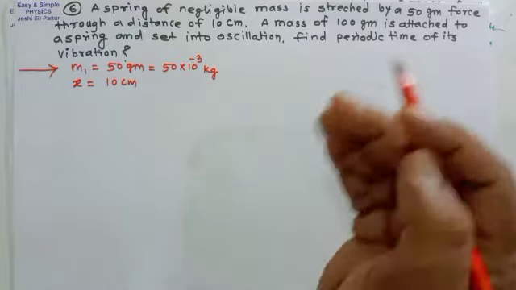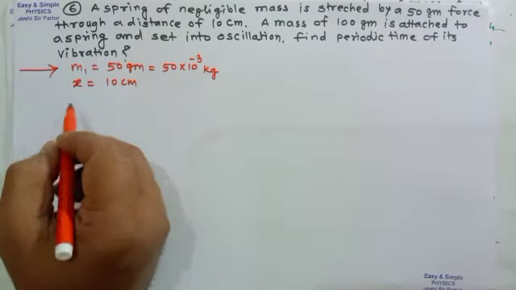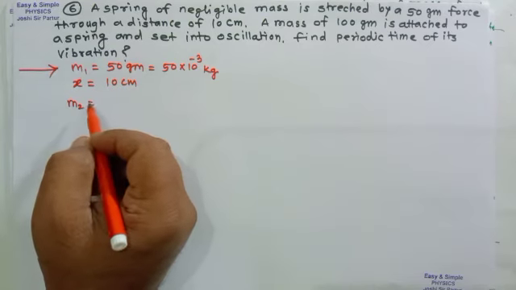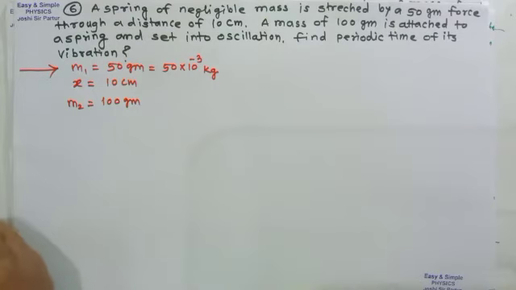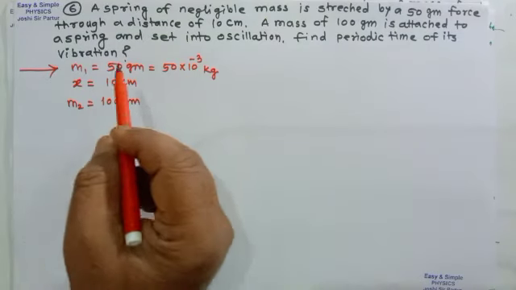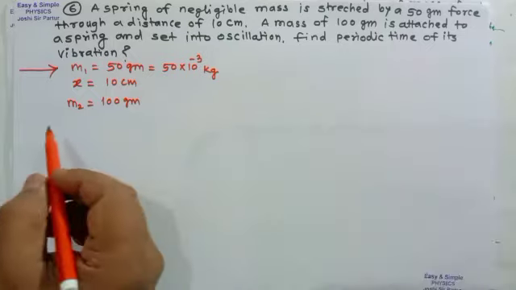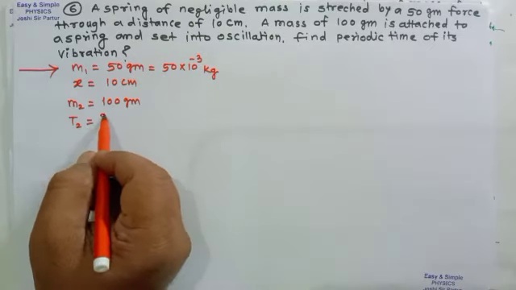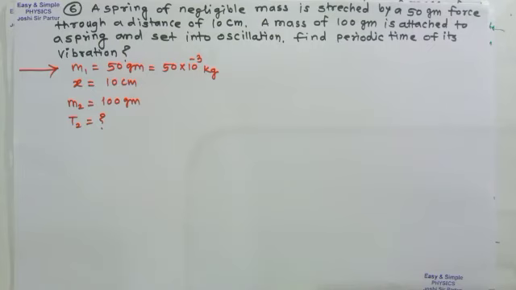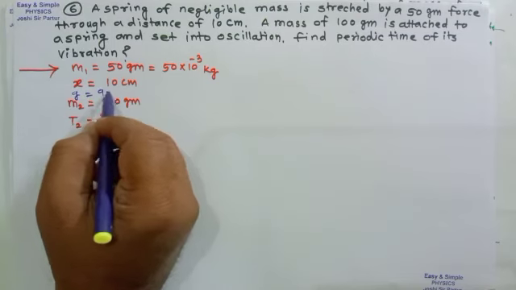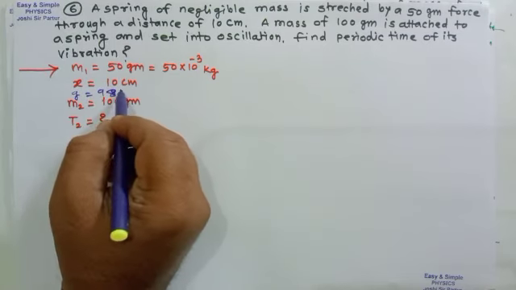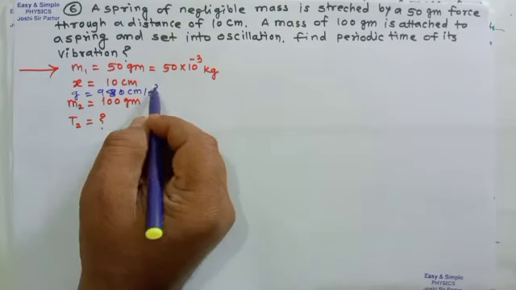A mass of 100 gram means m2 is 100 gram. Then we set it in oscillation, so we can find out time period T2. First of all we use small g, acceleration due to gravity, 9.8 or 980 centimeter per second square.